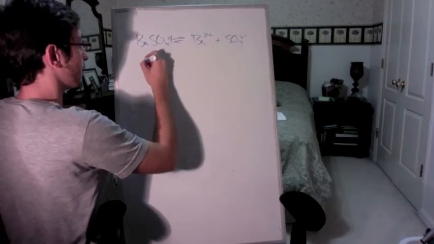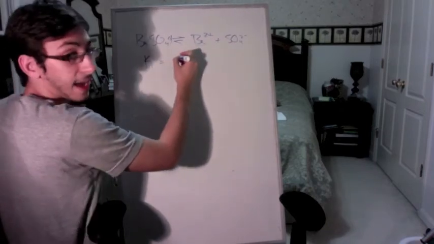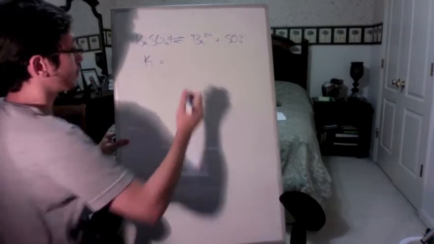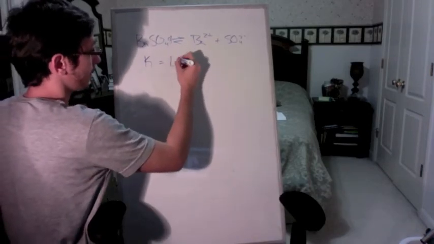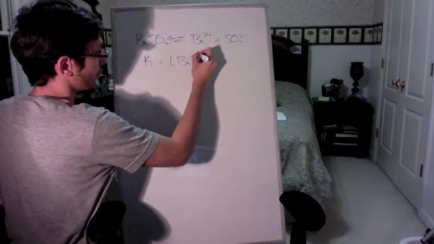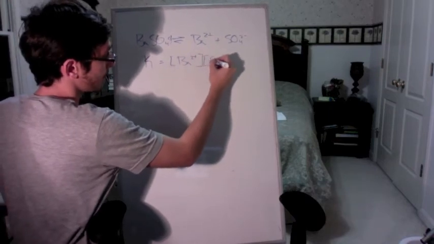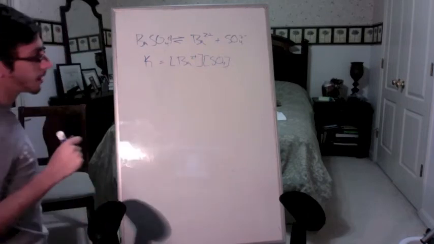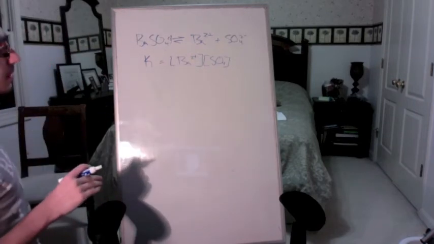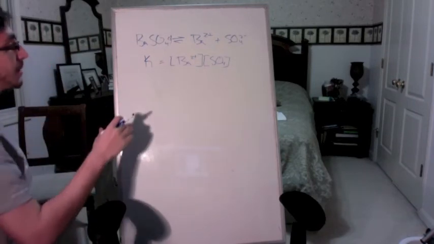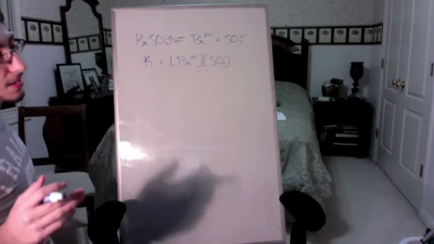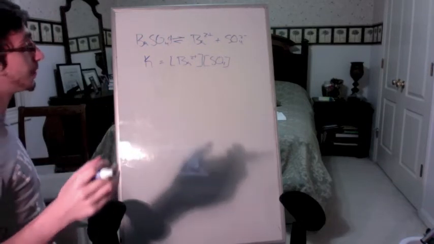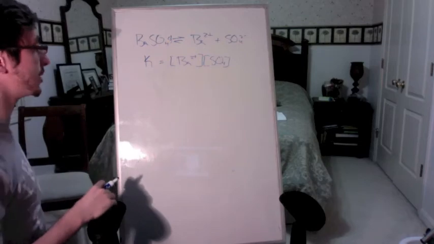We see that it's the reverse of what we just had. So when you reverse a reaction, all you have to do to find the equilibrium constant for the reverse reaction, if you already know the equilibrium constant of the initial reaction, is take the inverse.